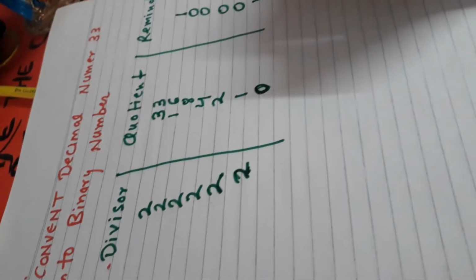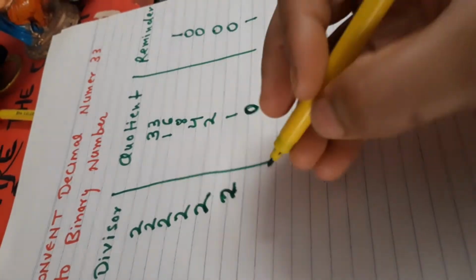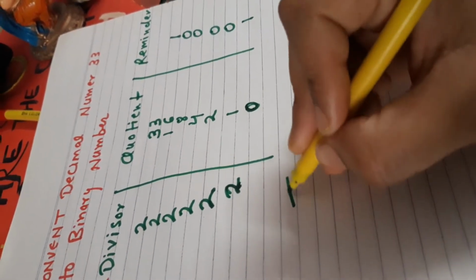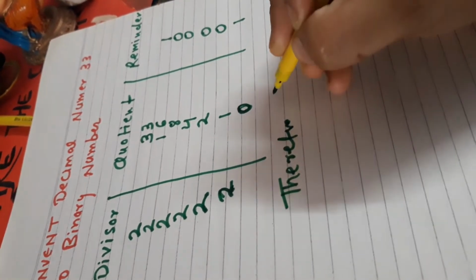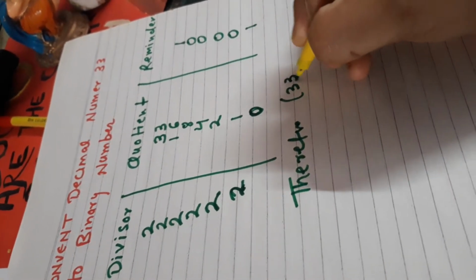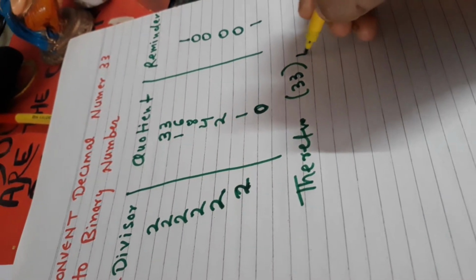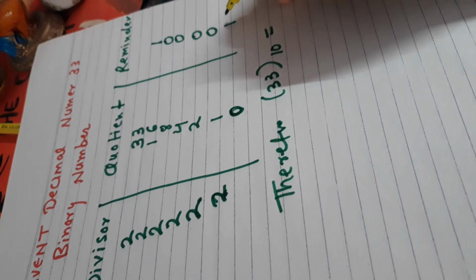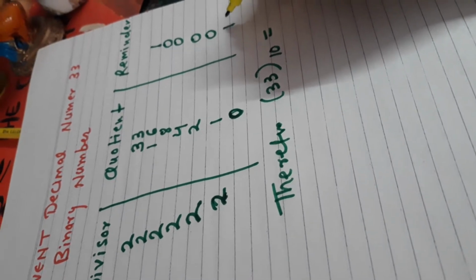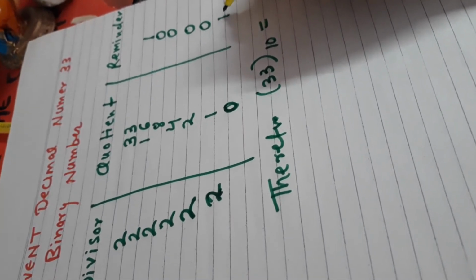So we can write this number as, therefore, 33 base 10 is equal to, we will start writing the binary number from here, from down.